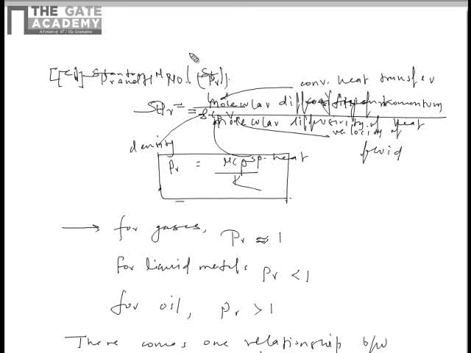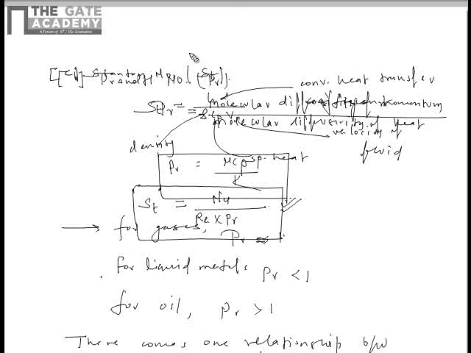And this further can be simplified as Nusselt number upon Reynolds number into Prandtl number. So this is another form for Stanton number.